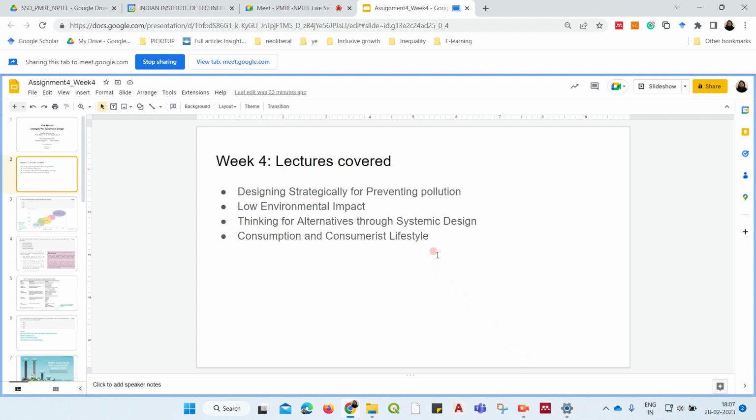So first you would have covered designing strategically for preventing pollution. So pollution, air pollution, water pollution, soil, noise pollution, regarding different things. In this you would have studied a little bit about air pollutants and how they reside in our atmosphere, what is the average time of their residence, what different impacts they have on the biogeological processes and on human health, and then what risks they pose, how that risk can be assessed.